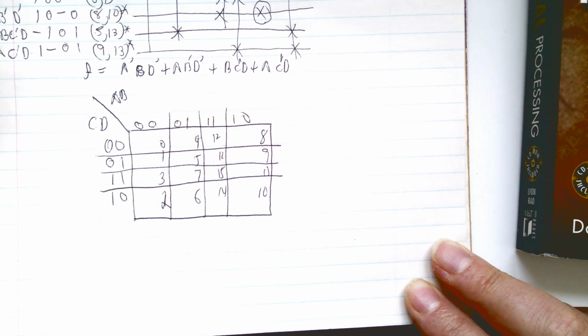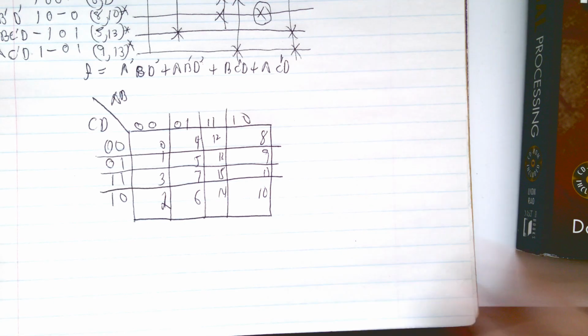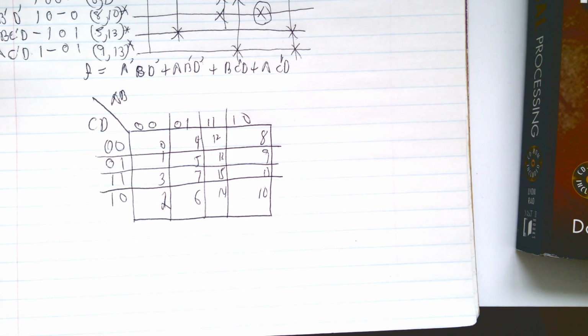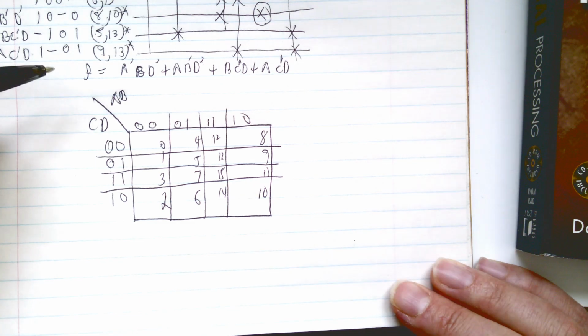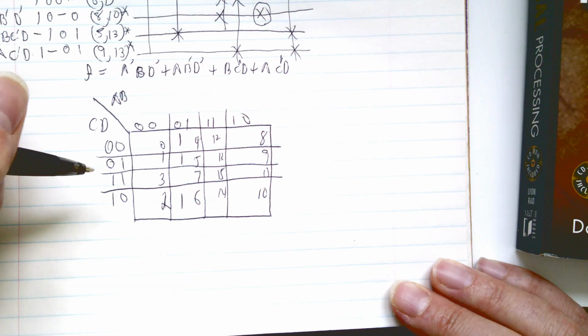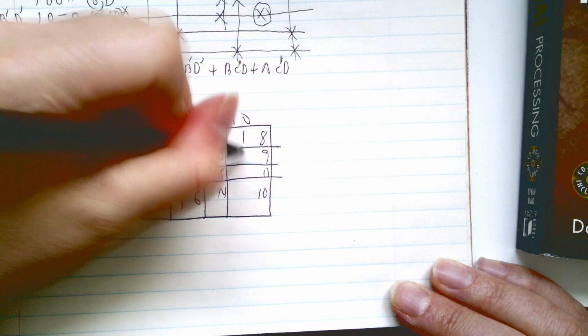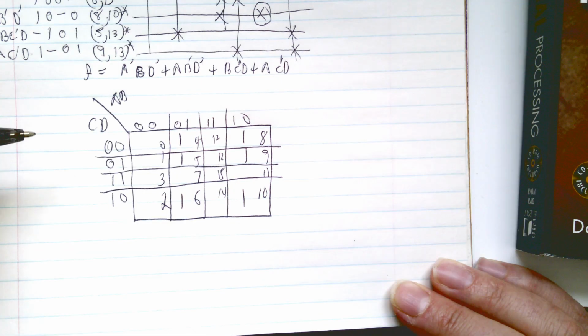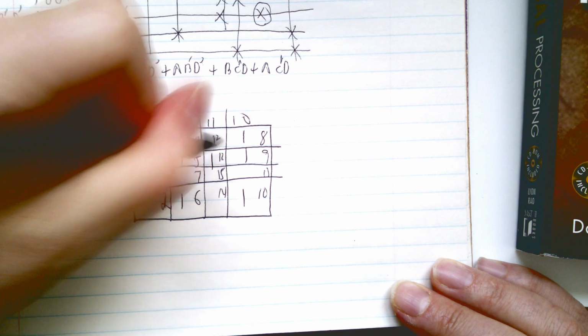Right, always number your K-maps, always label your K-maps. Let's take a look at the min terms. We know it's going to be 4, 5, 6, 8, 9, 10, and 13, with all the rest being 0.